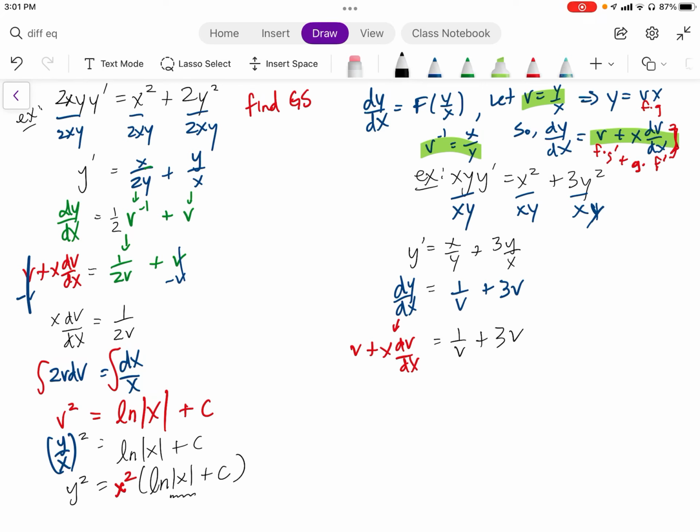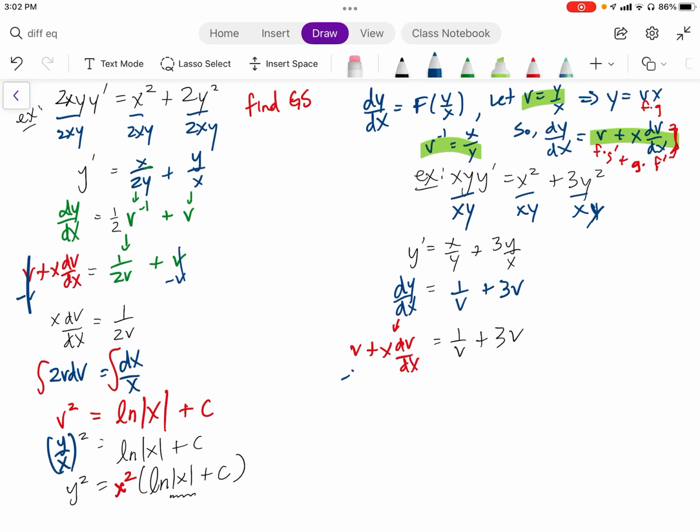And in this one, I'm not seeing a way to avoid getting the LCD. So the last one we got lucky, those v's canceled. But in this one, it looks like no matter what we try, we will need a common denominator on the right.